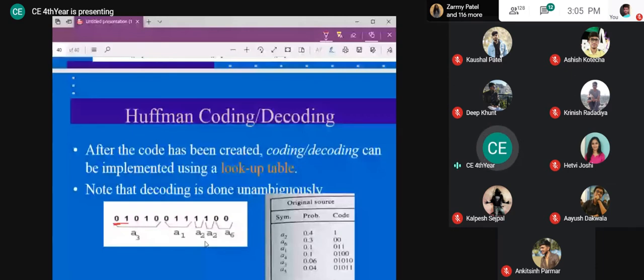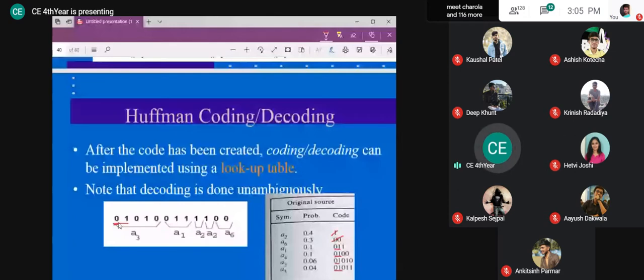So I go for the next bit, 0 1 0. Do I have any symbol represented by 0 1 0? 0 1 0 is available in 3 symbols, so any of these 3 can be the answer, but at least not this one, because it has 0 1 1.